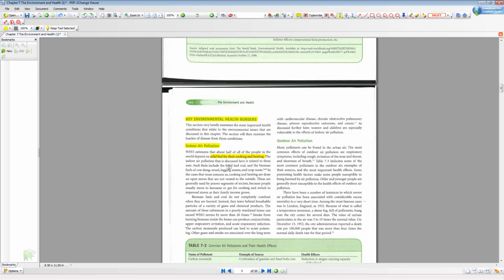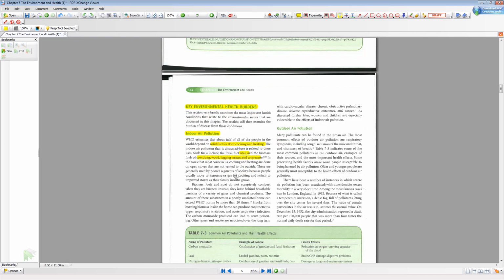And we can see that these include coal, cow dung, wood, logging waste, and crop wastes.